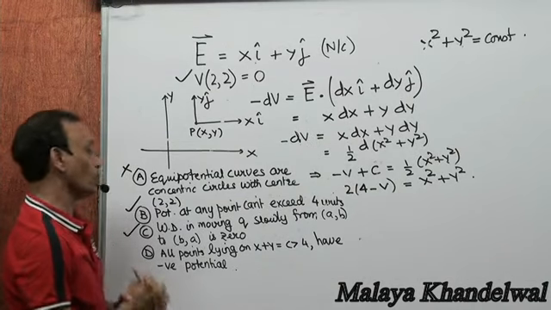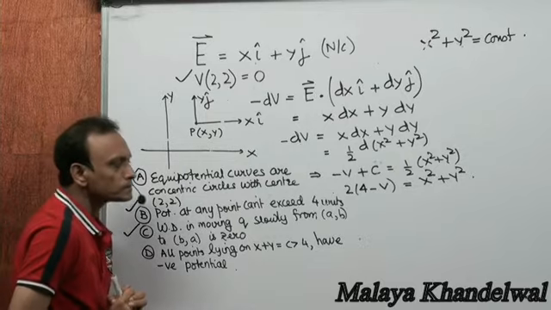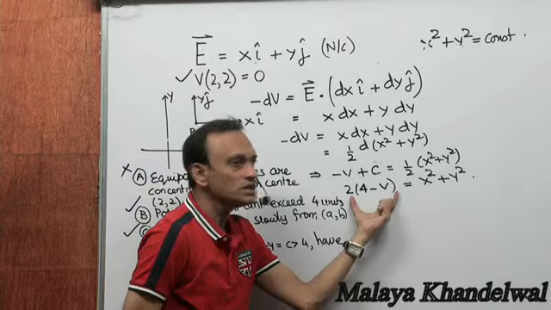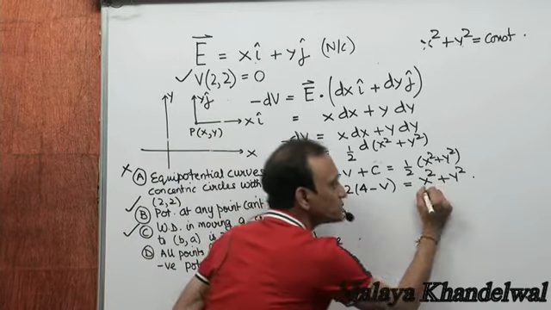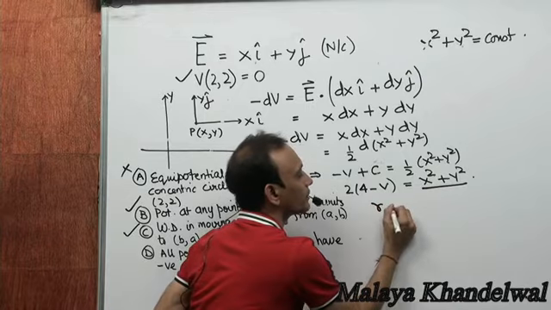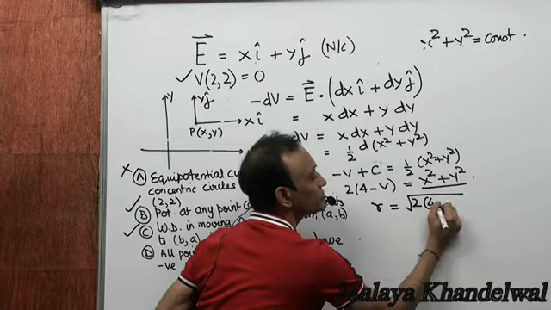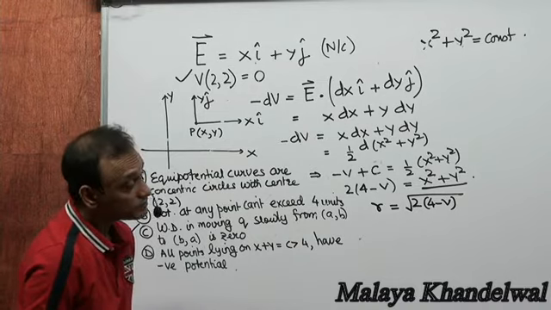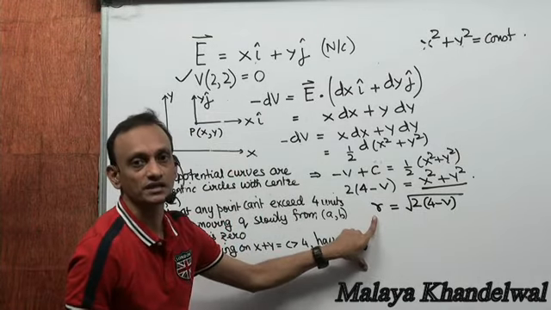Right? Now, one thing that you can see is the radius of the circle. The radius of this equipotential circle, R, is square root of 2 into 4 minus V. Do you see that? Very clearly, if V is increasing, R is decreasing.